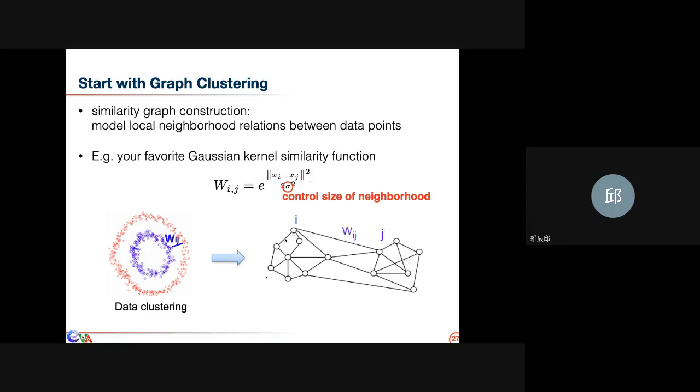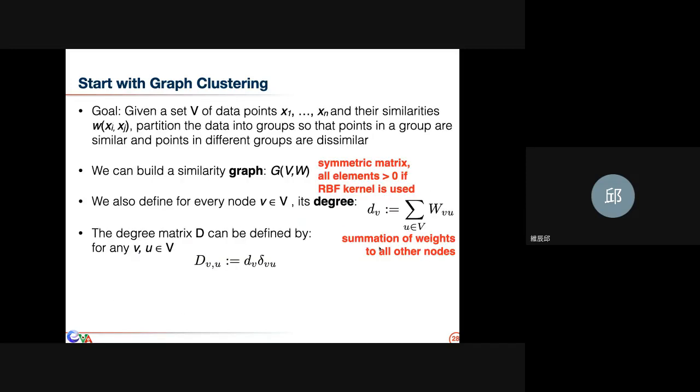You have a lot of nodes representing the data points, and the edge indicates that any two data points are neighbors. The weight of each edge is defined by the similarity.